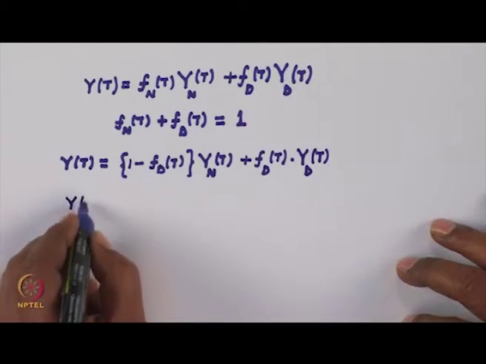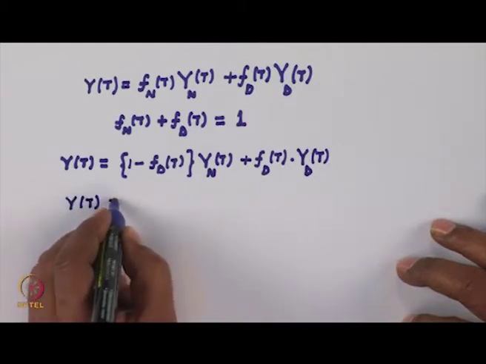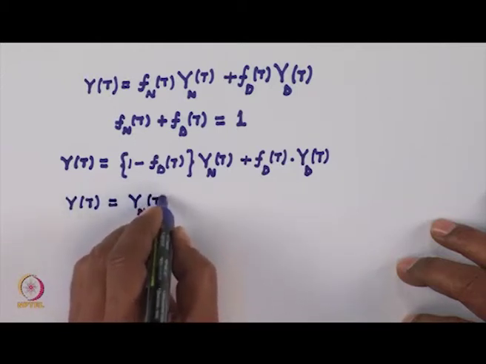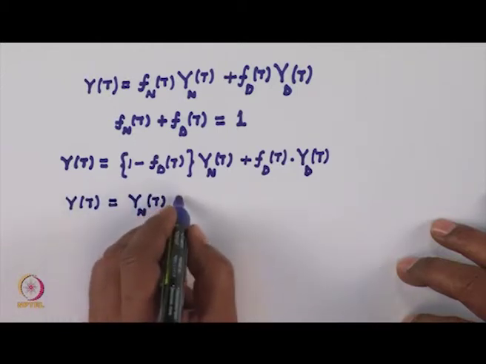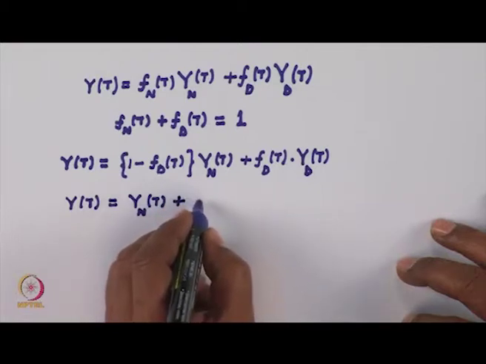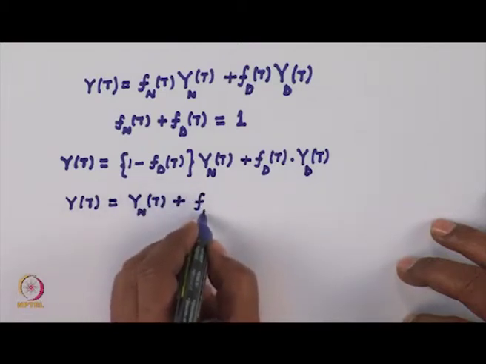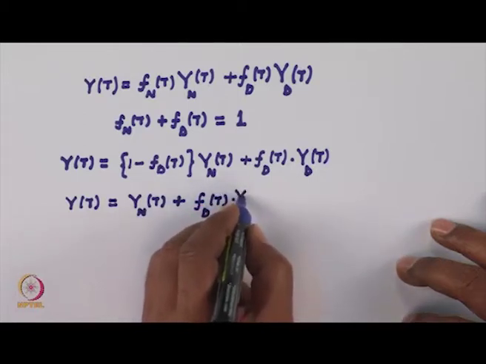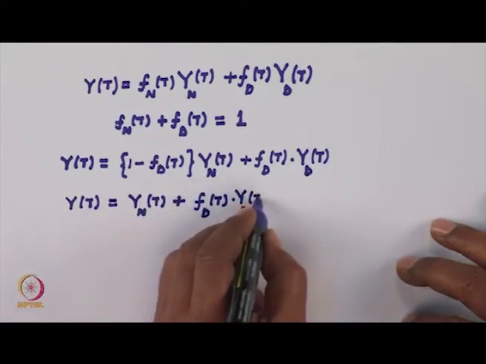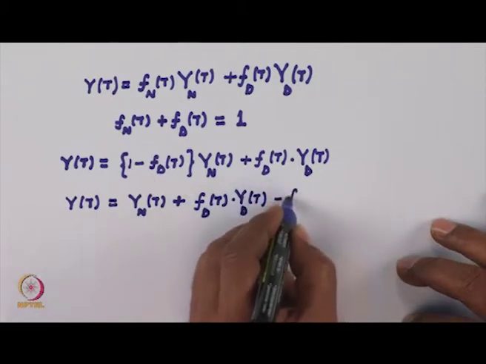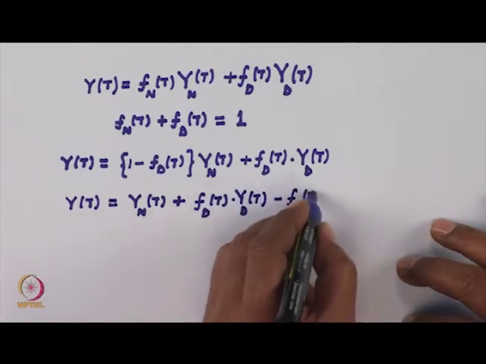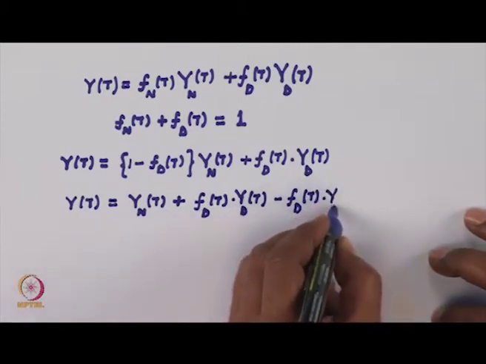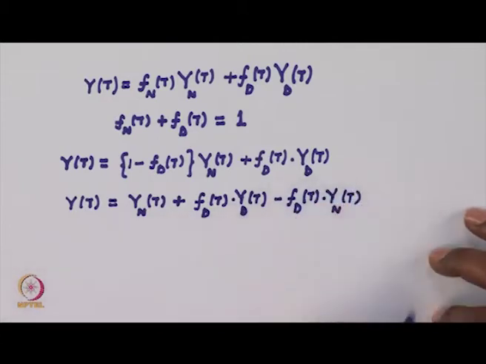Going a step further, Y at temperature T is equal to Yn at that temperature plus Fd at T into Yd at T minus Fd at temperature T into Yn at temperature T.